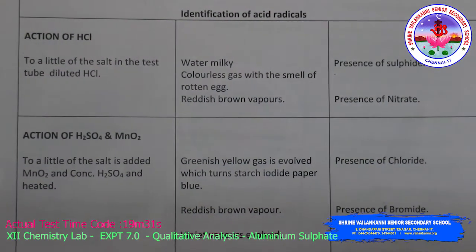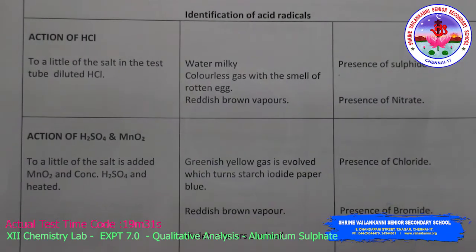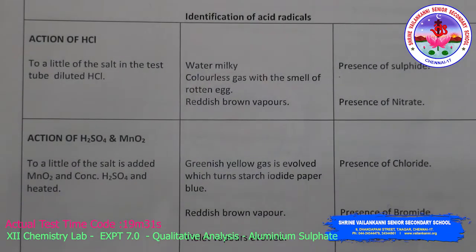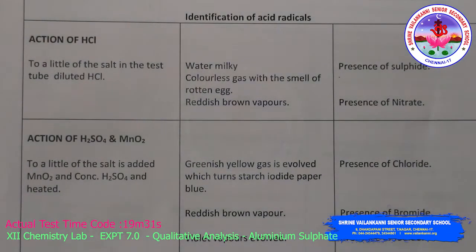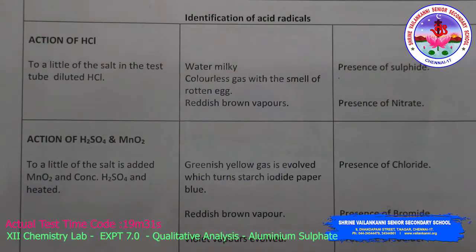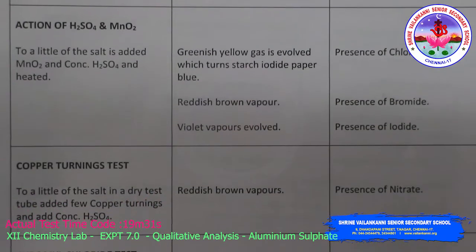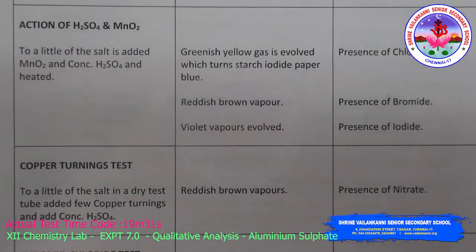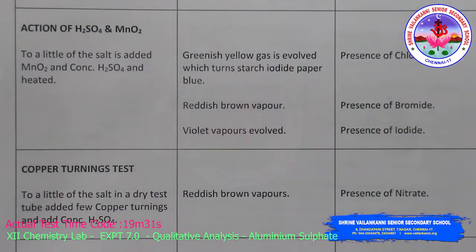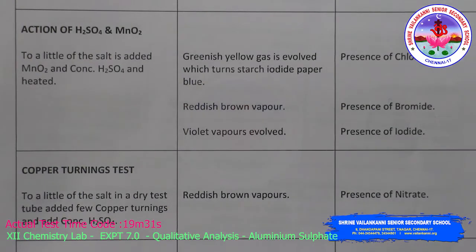The observation: colorless gas with the smell of rotten egg, turning lead acetate paper black or water milky, means presence of sulphide. Reddish brown vapors appearing means presence of nitrate. Then the action of manganese dioxide and sulfuric acid test: salt is taken, manganese dioxide and concentrated H2SO4 are added and heated.